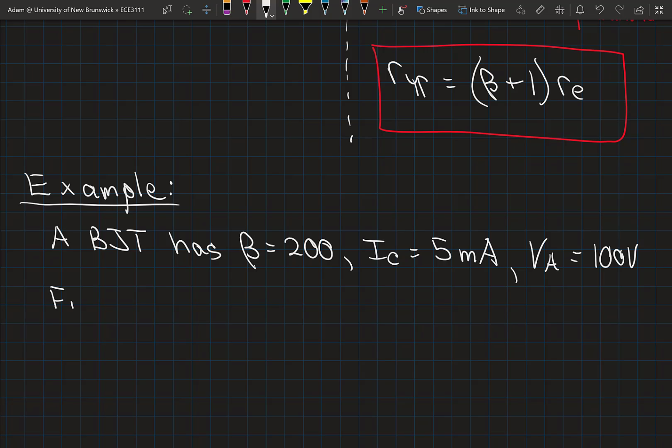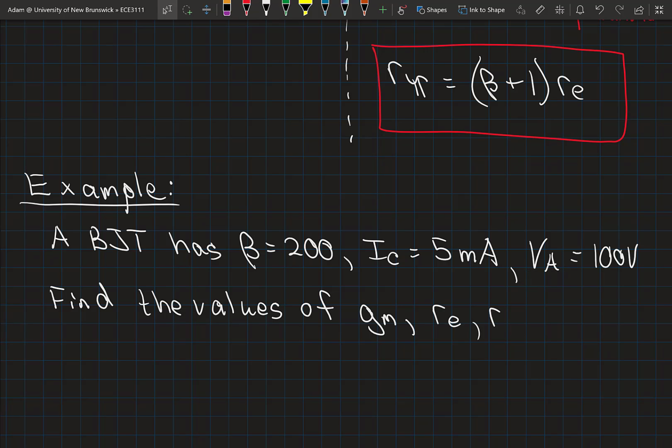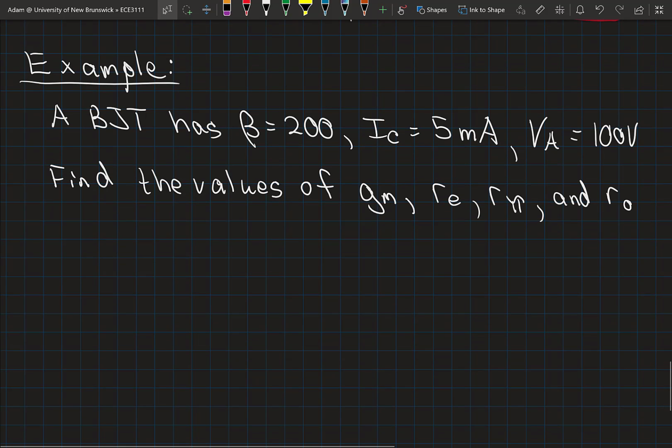Okay, so we want to find our small signal parameters to be used in our small signal models, whether that's the hybrid pi model or the T model. So we want our values for our transconductance parameter, RE, R pi, and our output resistance, which is a function of our early voltage.